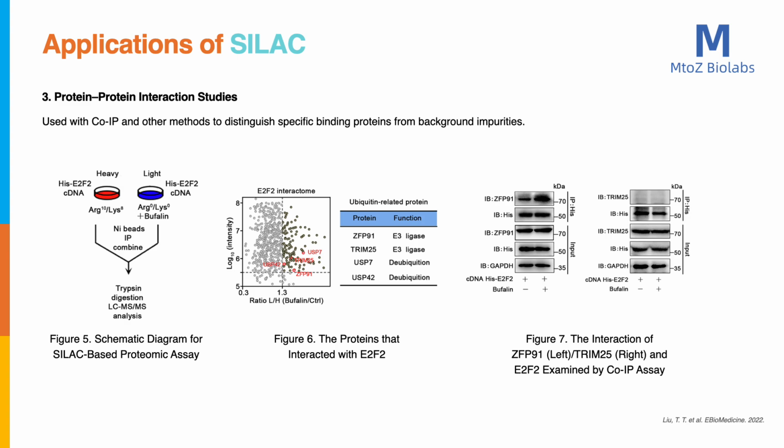Ultimately, in vitro ubiquitination assays confirmed that ZFP91 is a functional E3 ligase. This case illustrates that combining SILAC with co-IP and mass spectrometry analysis is a powerful tool for accurately identifying specific binding proteins in complex backgrounds.